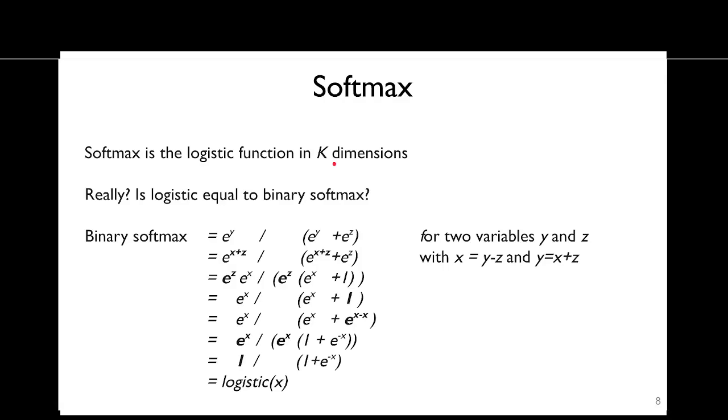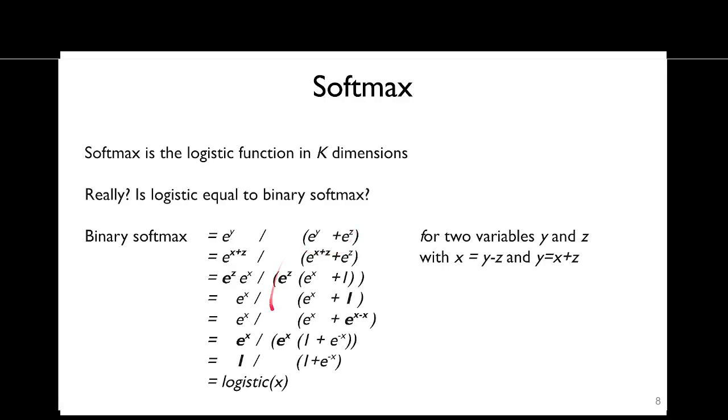Now you wonder, is it really? Let's do this for the binary softmax and prove that it is actually the logistic function. So for the binary softmax we simplify now and don't use the indices i and j and so on, but let's make it simple. We just introduce two variables y and z, and then the binary softmax is e to the power of y divided by e to the power of y plus e to the power of z.